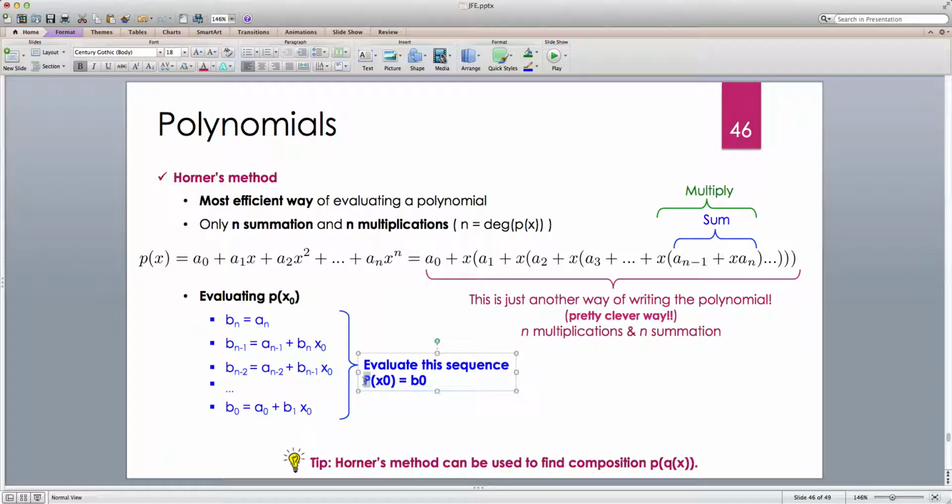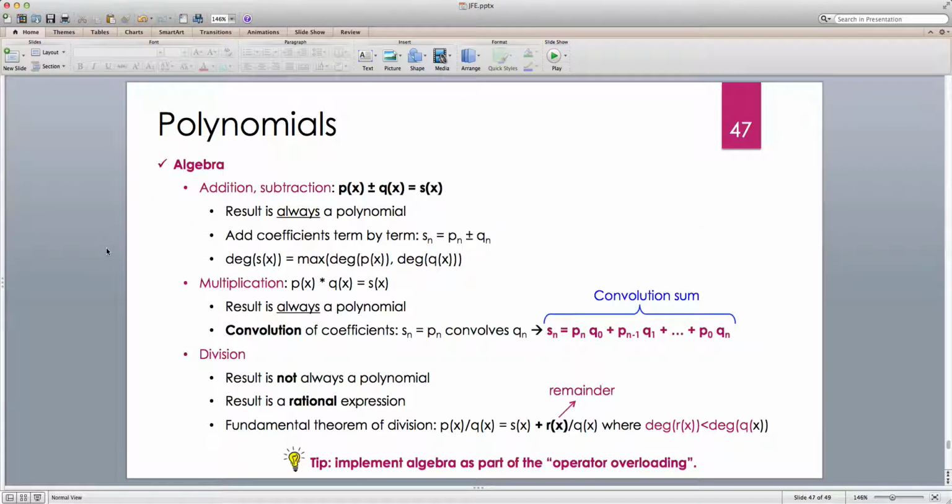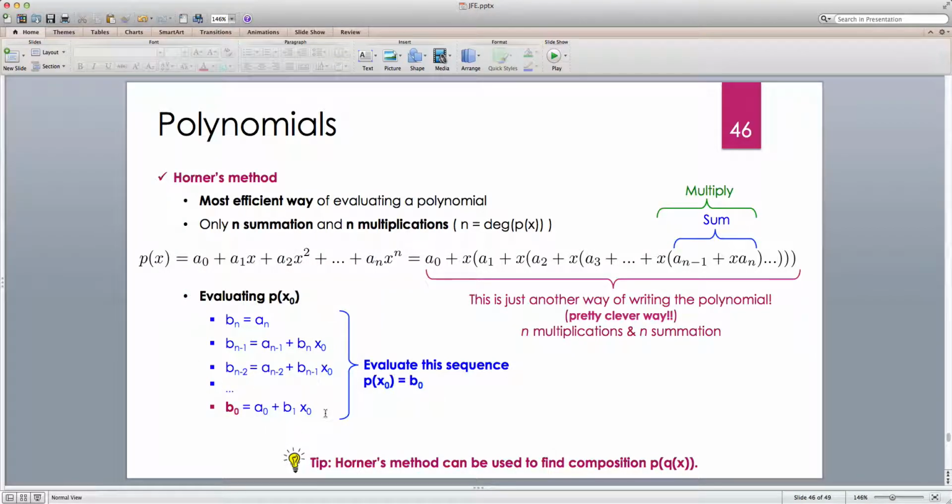So if we construct this b sequence, b0 becomes the value of the polynomial at the given point. Okay. Now the very interesting thing is that if instead of x I put a polynomial, I can evaluate the composition of functions, right?